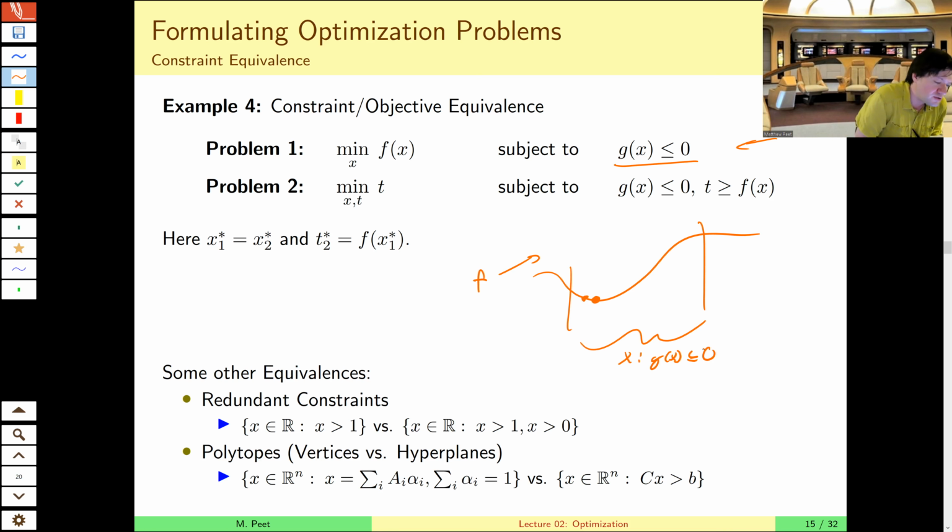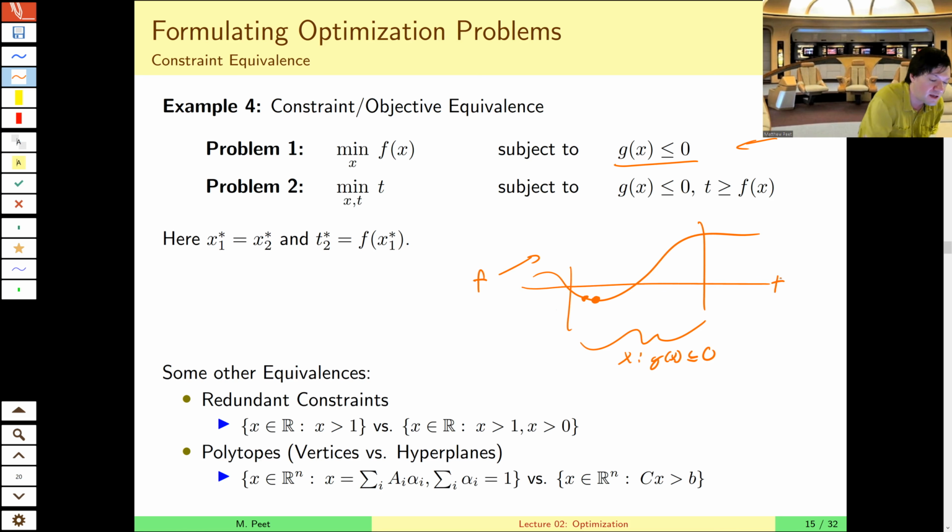So a trick we can do is look for a new variable t. Actually, we should make t a little bit higher.